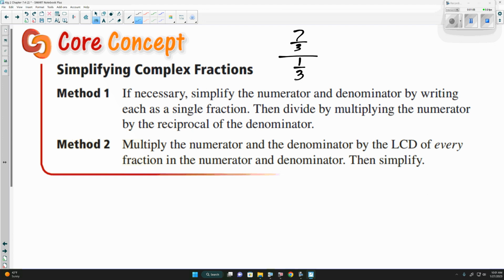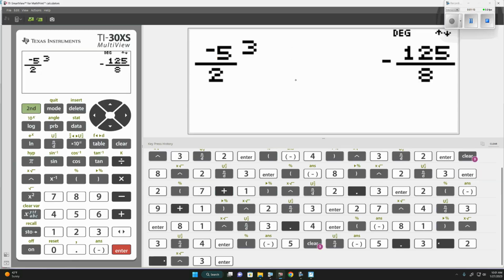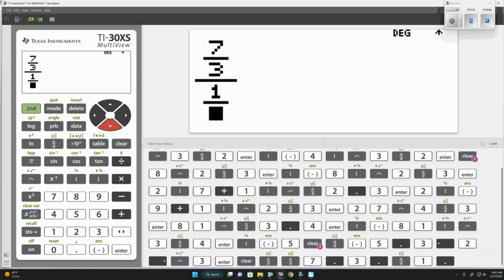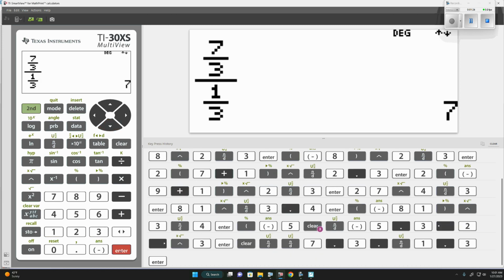We don't like having fractions in fractions. Luckily for us here, with 7/3 over 1/3, I can just take the calculator, say fraction 7/3 over 1/3, and let it do it for us.